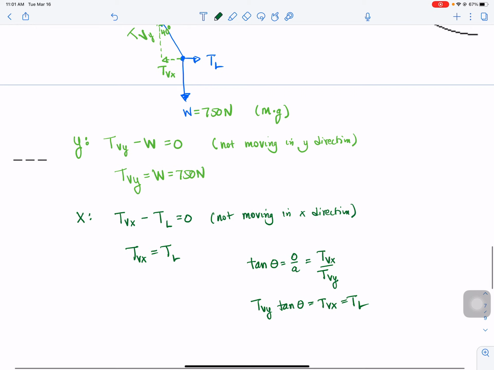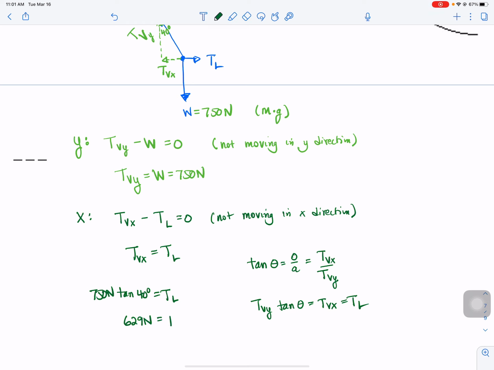So I just need to solve. So I'm going to have TVY is 750 times the tangent of 40, and that's equal to TL. And I get 629 newtons.